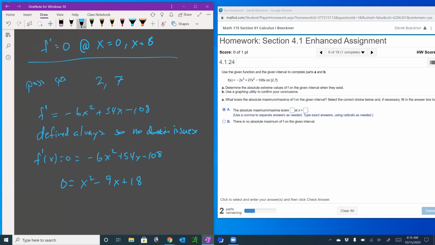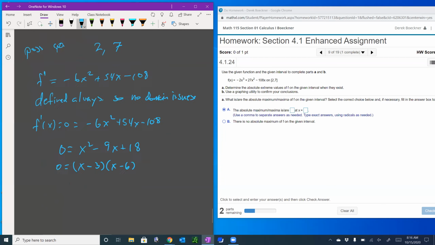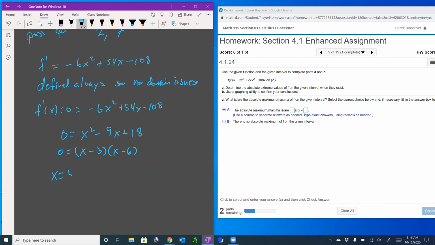And that means that I've got x minus 3, x minus 6. So I've got 4 possible points I have to look at.